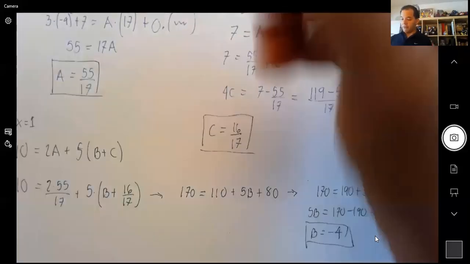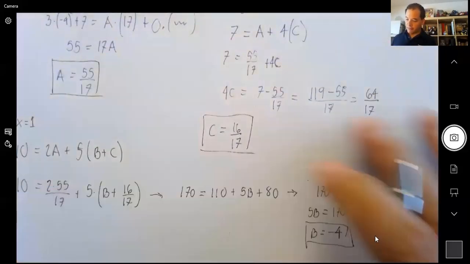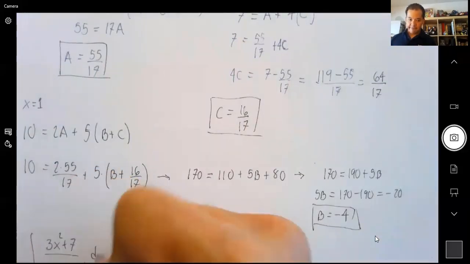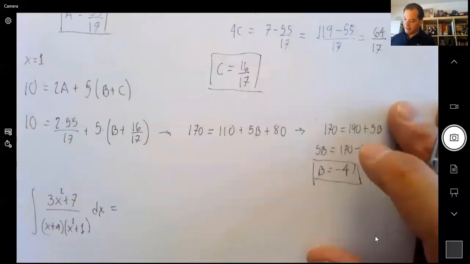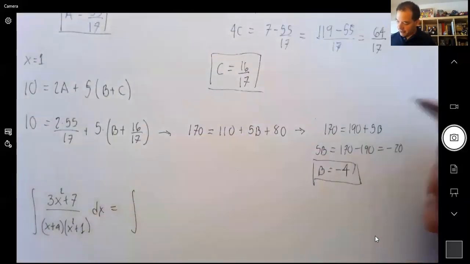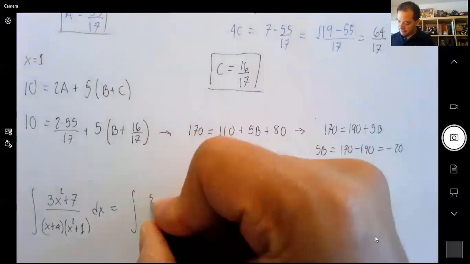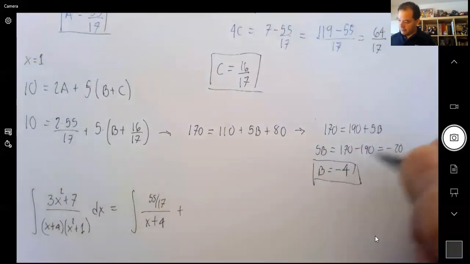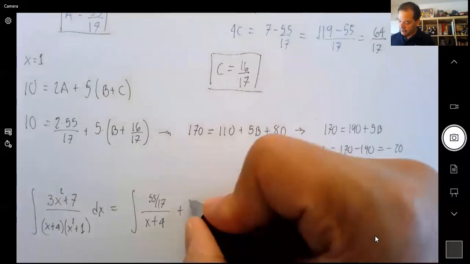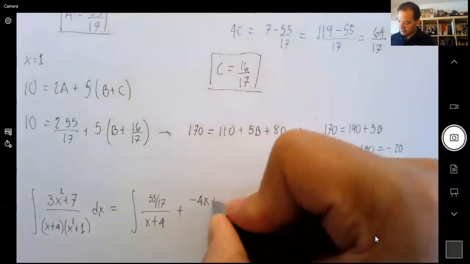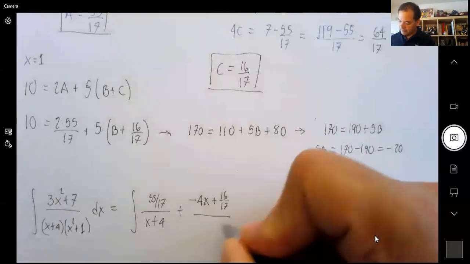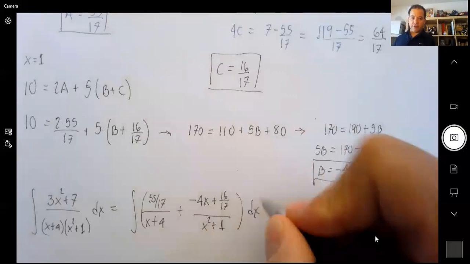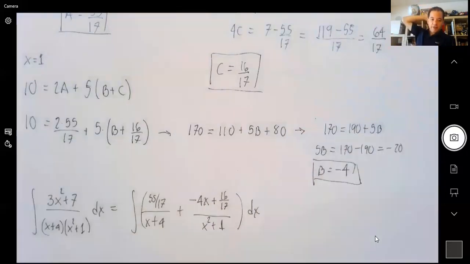So now when we plug it in, the integral that we just invented is now the integral of a, which is 55/17 over x plus 4, plus the integral of bx plus c, that's negative 4x plus 16/17 over x squared plus 1. And you still need to integrate these, and some are easier than others.